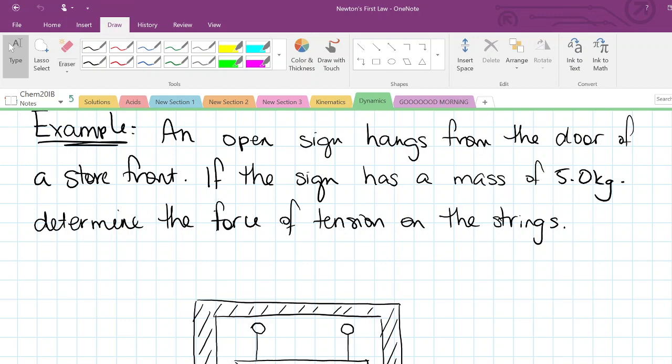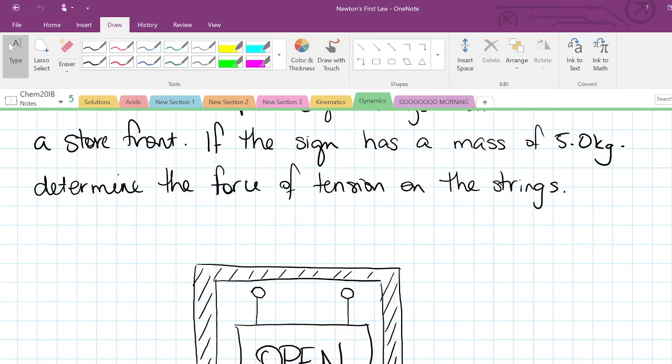It might seem like a useless activity, but think of something like an elevator: force of tension is really quite important, because if you're going to load that elevator up with people, you want to make sure that the cable can handle the tension it's going to be placed under so that it doesn't snap.